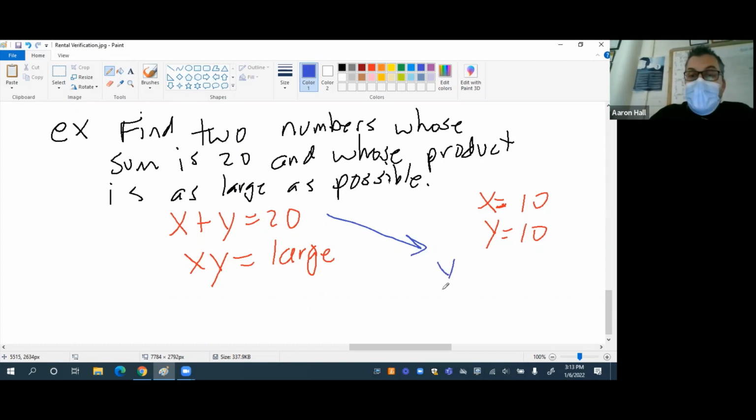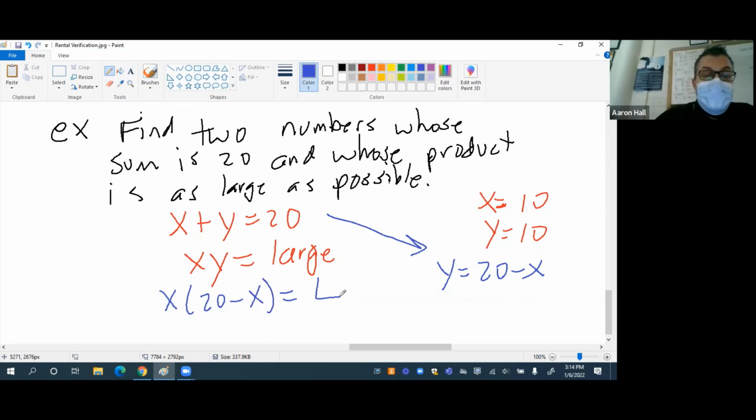Yeah, so y equals 20 minus x. I just subtracted x from both sides. And so that's going to give me then x times 20 minus x. Does that look right to you? Okay, now what? Okay, if I distribute, that's going to give me 20x minus x squared equals L, my large value.